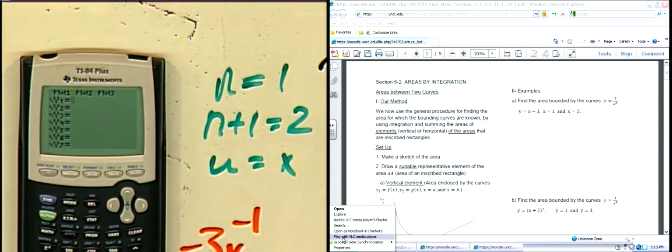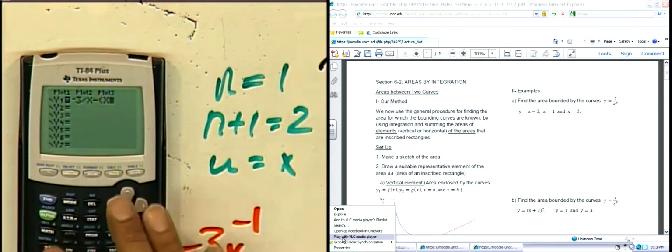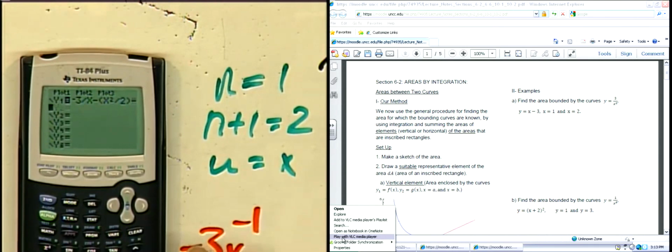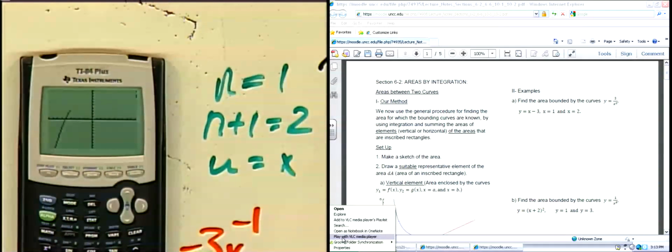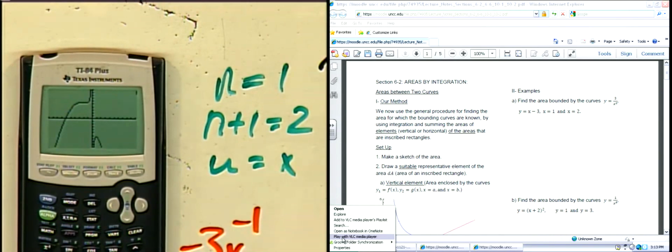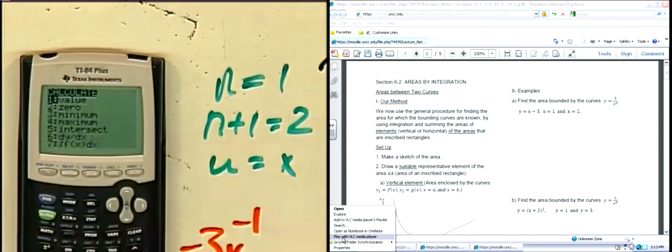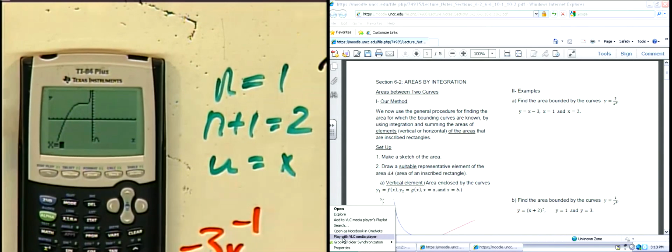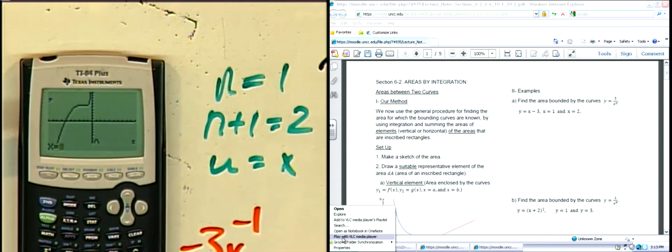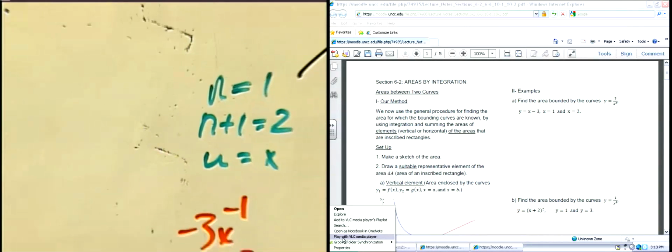So I have negative 3 divided by x minus parentheses x squared divided by 2 minus 3x. Graph it. And I'm trying to figure out the values of the upper limit minus the lower limit. High minus low.